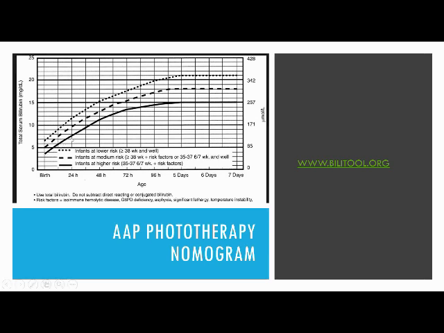This dashed line is infants at medium risk. So these are 38-week-and-greater babies plus risk factors, or 35 weeks to 37 and 6 weeks and well.